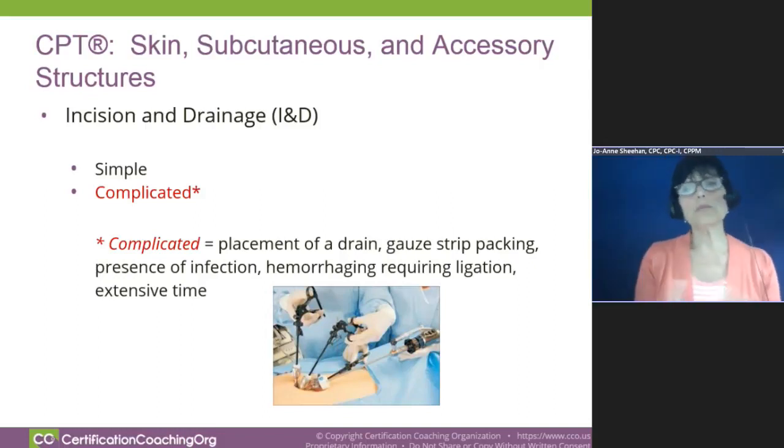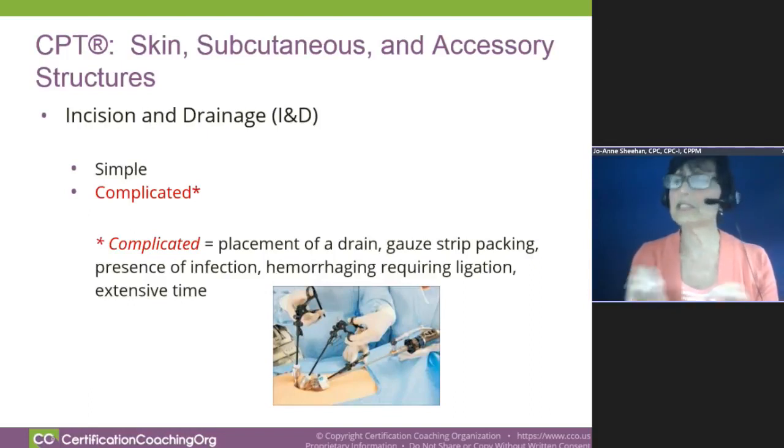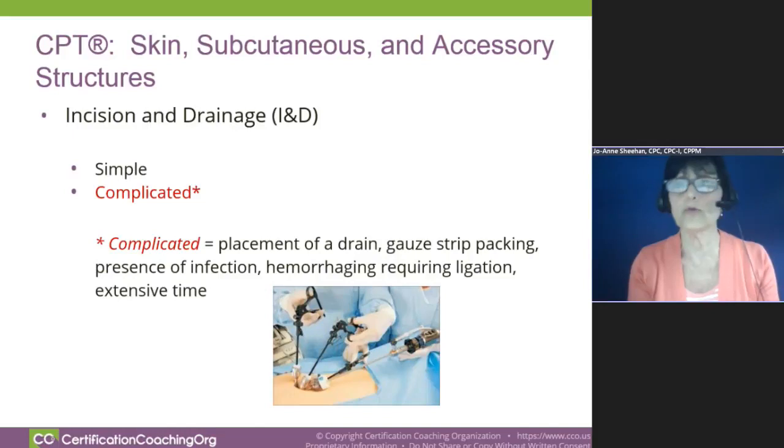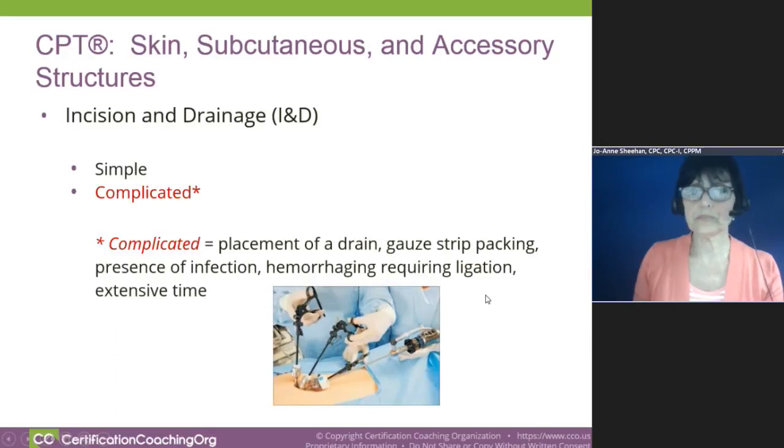And in order to not be confused, just read what the doctor writes and see how complicated it is, because simple is just what it is, very simple. But if he is indicating that he has placed a drain somewhere or a gauze strip packing or so forth, then you would focus on complicated as the code to use in a procedure or even the diagnosis.